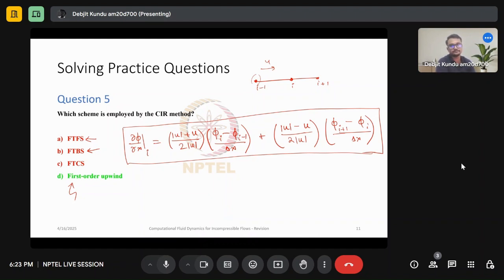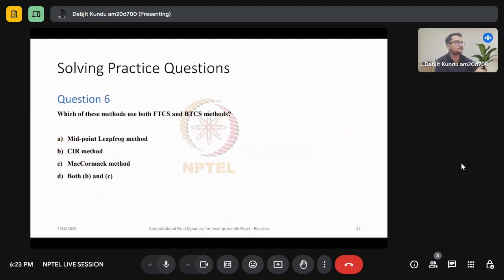Okay. Alright, so moving on, question number 6. It's asking us which of these methods use both FTCS and BTCS methods. Is it option A, midpoint leapfrog method?